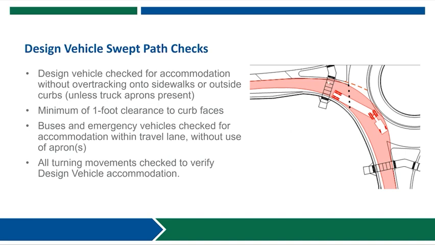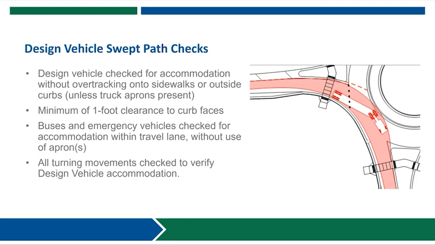In reality, the tires of the vehicle are staying at least a foot away from all curb faces as it navigates through the intersection. So that's one thing to keep an eye on as a designer or a reviewer. Make sure it's clear what envelope is being illustrated in the figure as you're doing your design checks.